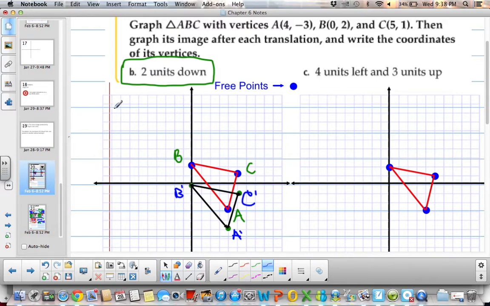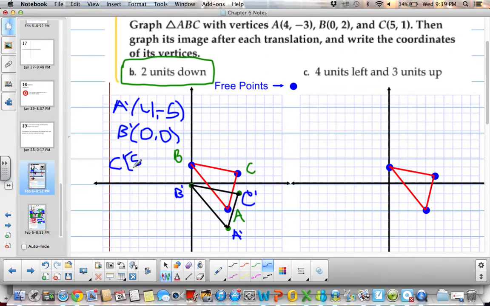Okay, so if we write our new coordinates, we have A prime equals, we still go over 4, but this time we're going down 5. So it's going to be 4, -5. And then we have B prime, which is, we still go over 0, and we're not even going up or down anything, so it's 0, 0. And then we have C prime, which is still over 5, but this time we're going down 1.